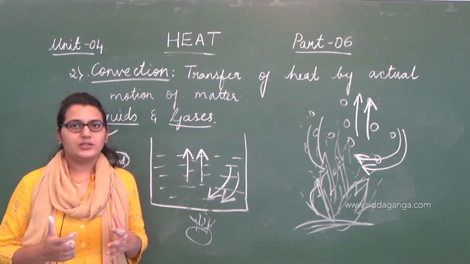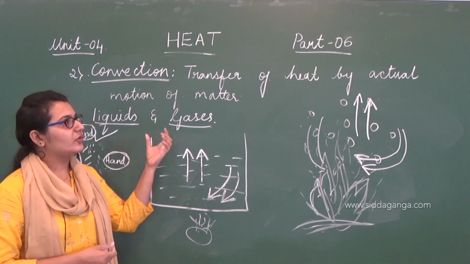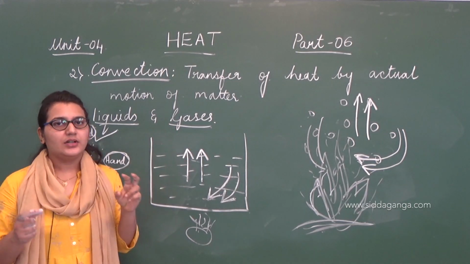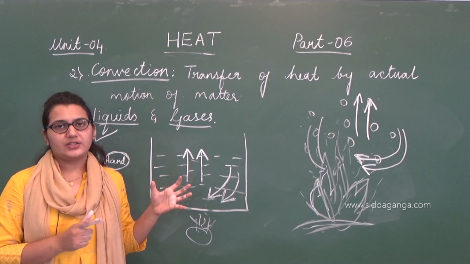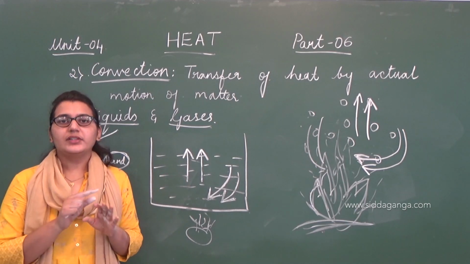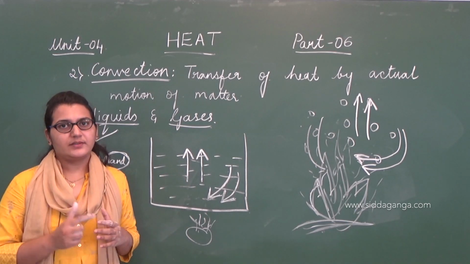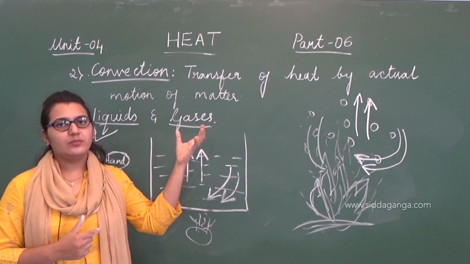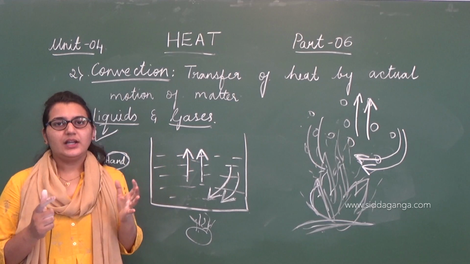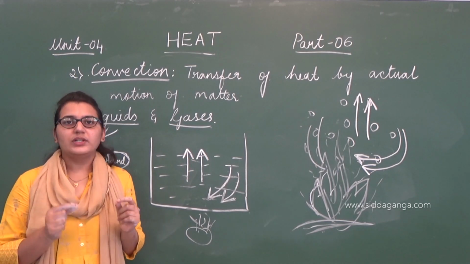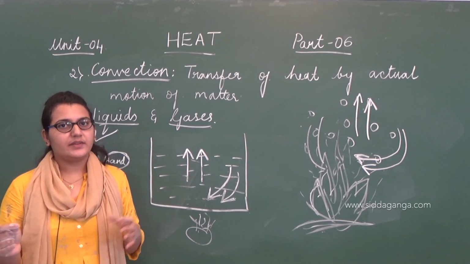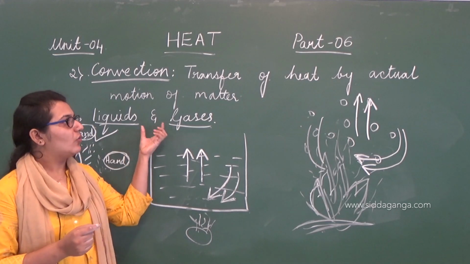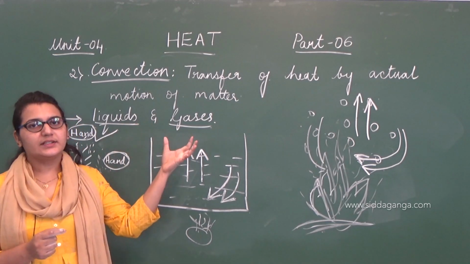Hope you understood. Convection is the transfer of heat by, remember, two points majorly. Conduction is transfer of heat without movement of particles, whereas convection is transfer of heat due to the movement of particles. Conduction occurs only in solids, whereas convection occurs in both liquids and gases.